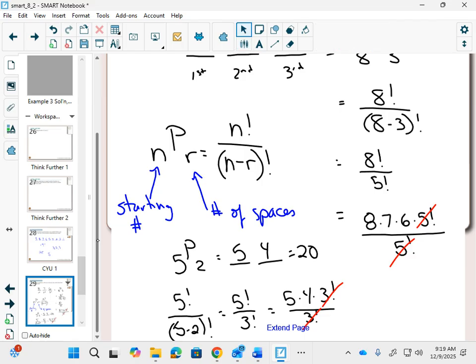Now, if a question asks you to solve something like this algebraically, they're going to require that you use the formula and show the formula work. But it's nice to see the shortcut and how the two ideas are related. Okay, so you can circle questions 4, 6, 7, and 8.